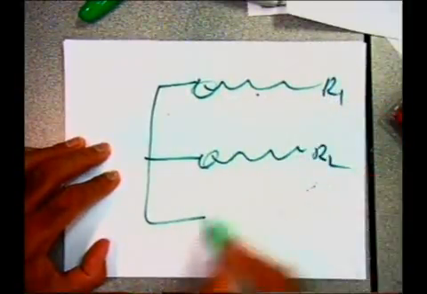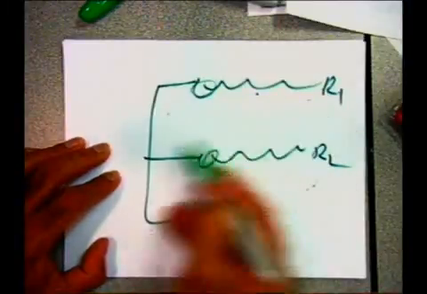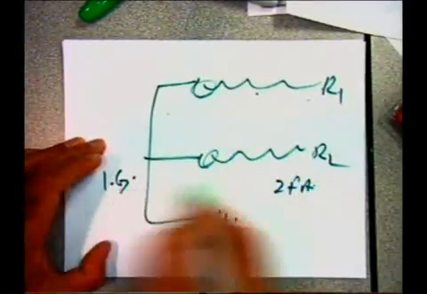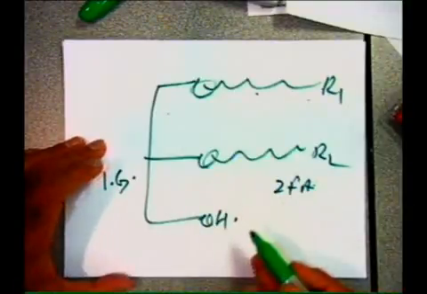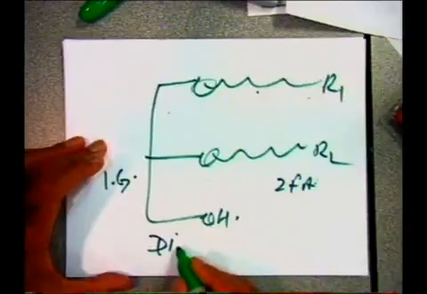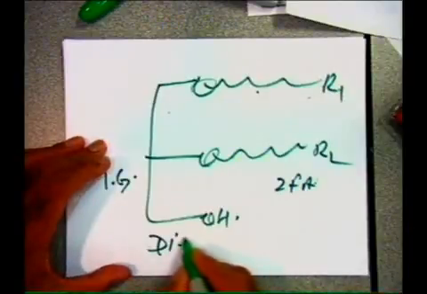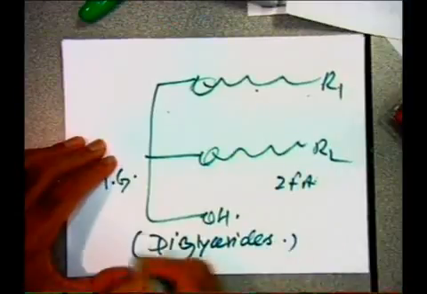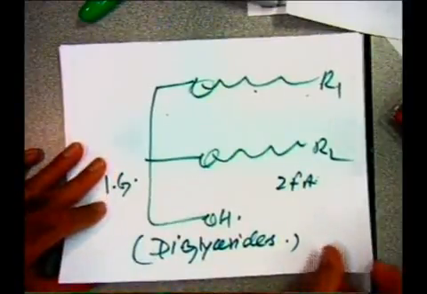2, and this is OH. If you have 2 molecules of fatty acid esterified with 1 molecule of glycerol, this is called a diglyceride, because of 2 in the Latin word. 2 means diglyceride. Okay.